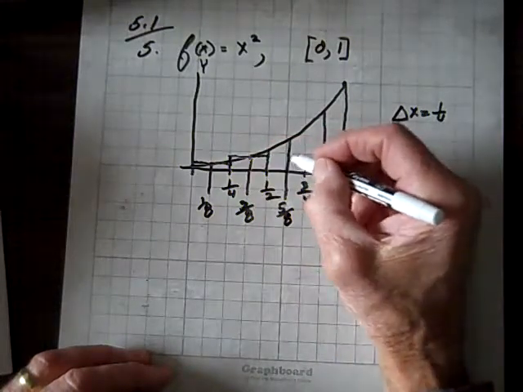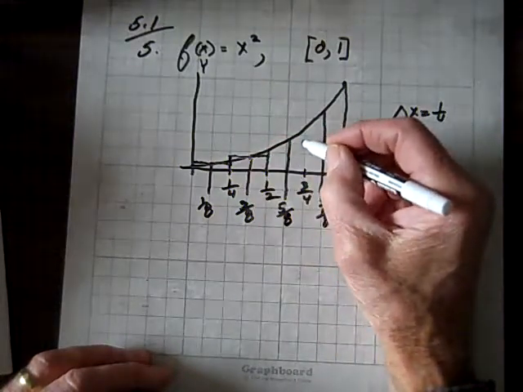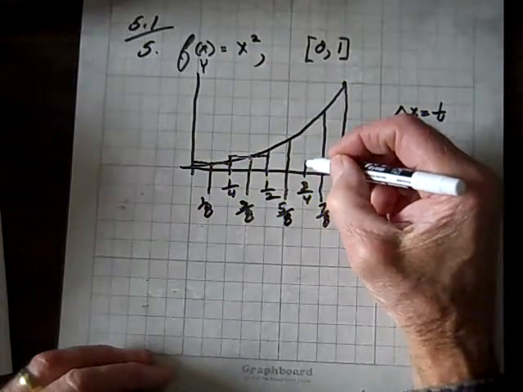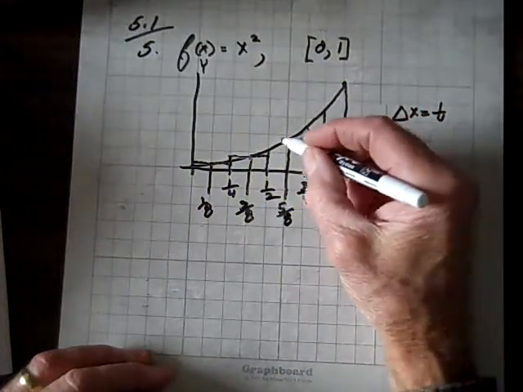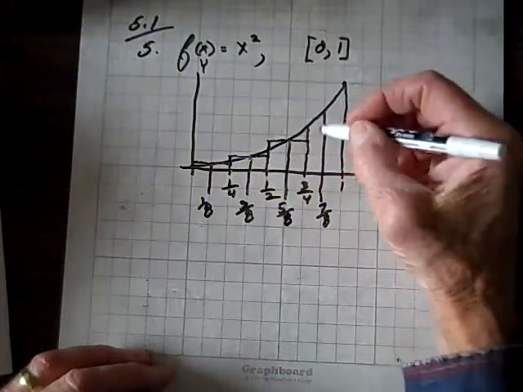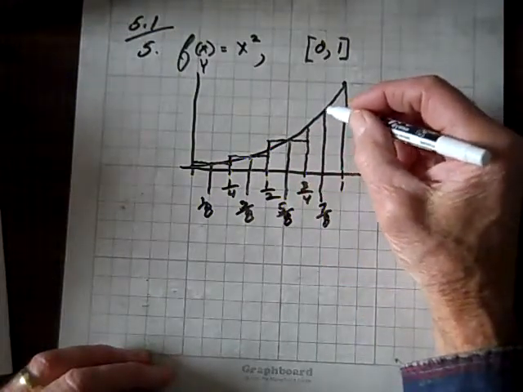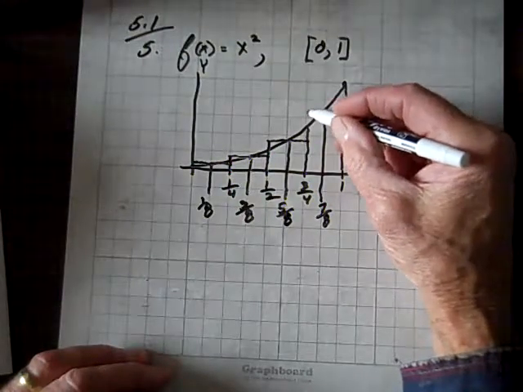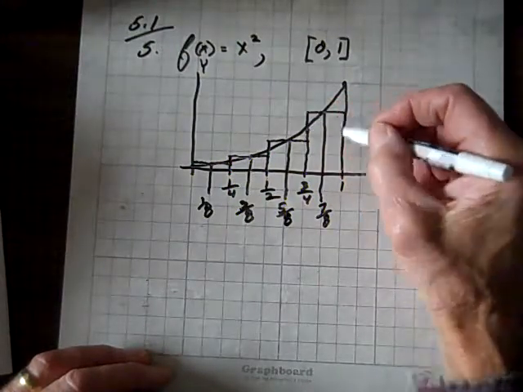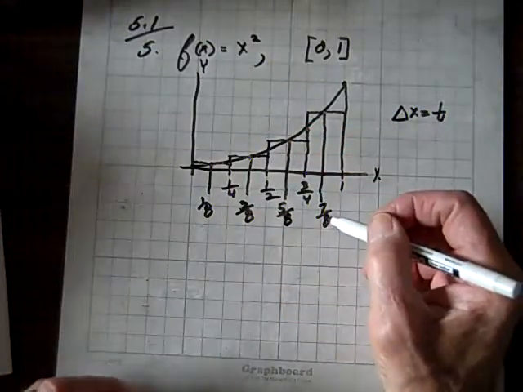There's another rectangle formed by the midpoint. Here's another rectangle formed with a height relative to the midpoint. And finally, we have one more rectangle. So we have 4 rectangles.